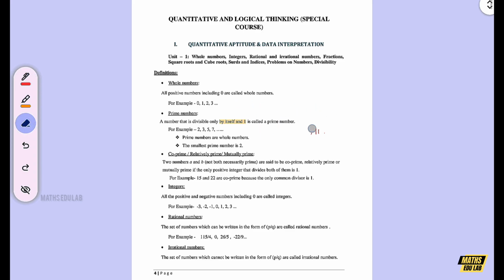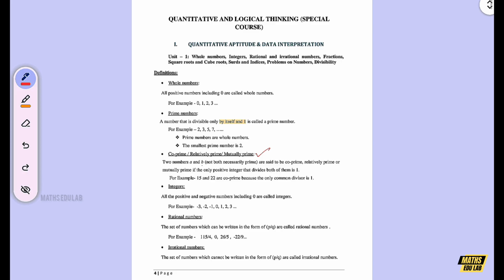Then next we have co-prime, or relatively prime, or mutual prime. What does it mean? Two numbers A and B, not both necessarily prime, are said to be co-prime, relatively prime, or mutual prime if the only positive integer that divides both of them is 1.